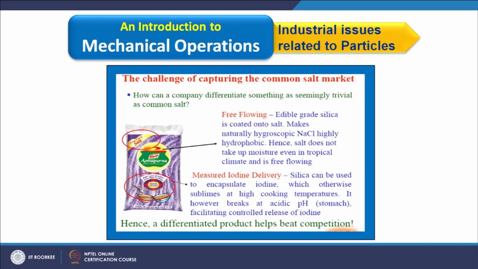But the salt we are using right now, even when we put it outside, does not absorb moisture and is free flowing. Why does this happen? It is because edible grade silica is coated on the salt. It makes naturally hygroscopic NaCl highly hydrophobic. Hence, salt does not take moisture even in tropical climate and is free flowing.